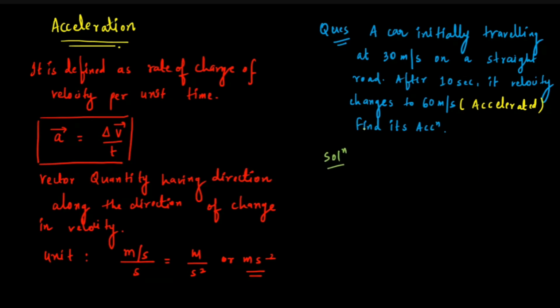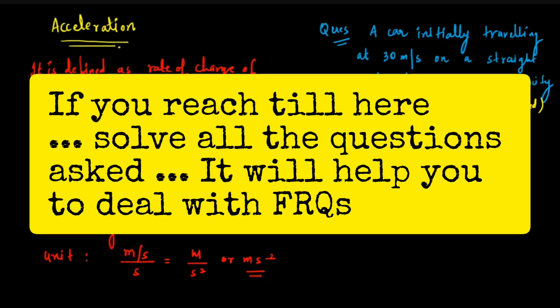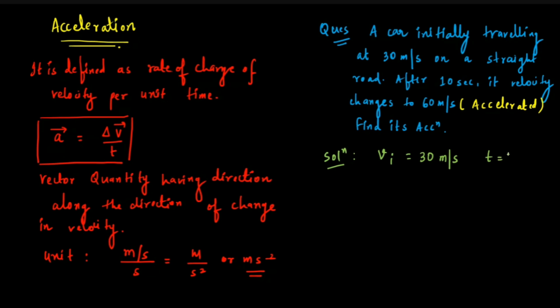Whenever you are doing any physics problem, make sure you write what things are given in the question. The car was initially traveling at 30 meters per second, so initial velocity is 30 meters per second. After 10 seconds, so basically we have time, its velocity changes to 60 meters per second. So we have to find the acceleration.